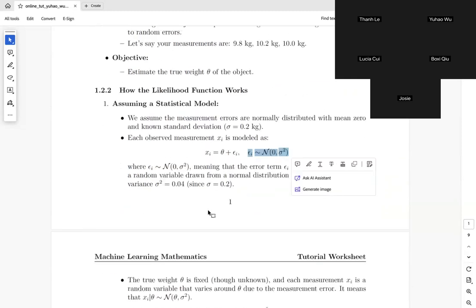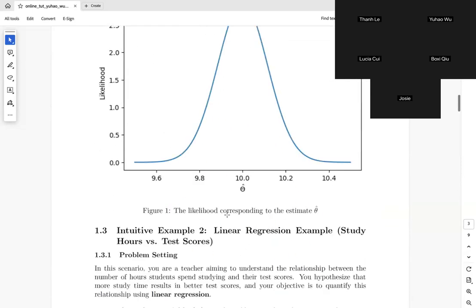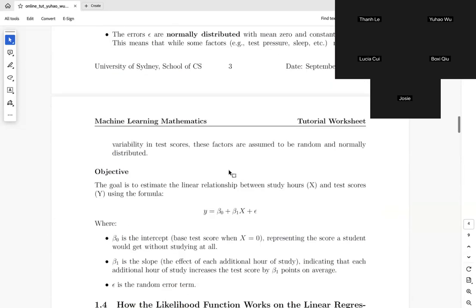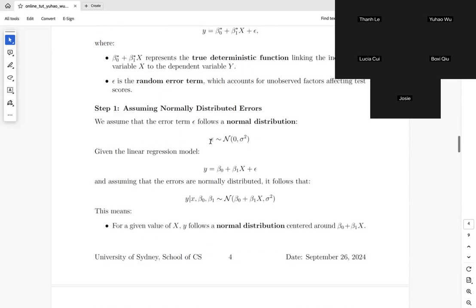With this assumption, we also think the x belongs to a normal distribution. In another example, like linear regression, we think the epsilon belongs to the normal distribution, but we also think the y belongs to a normal distribution.